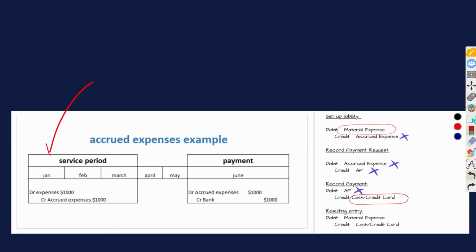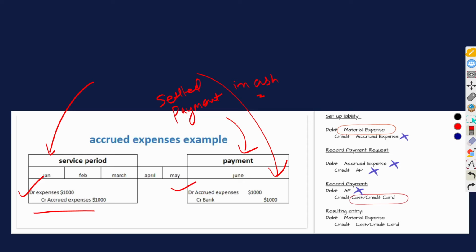You would see systems like Geneva, Investran, where we set up the schedule. When you accrue the expenses, your accounting entry would be expense account debit to accrued expenses. So every month you can prepare this accounting entry, and when you actually settle payment in cash, then the accounting entry would be accrued expense account debit to cash.